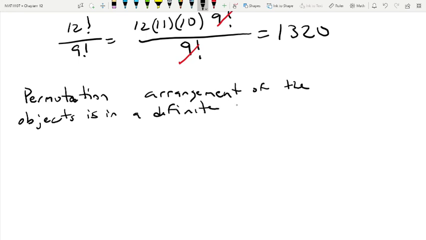So here in permutation, order matters. So the order does make a difference here.